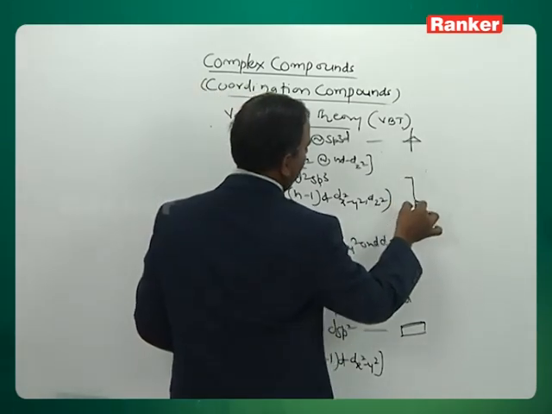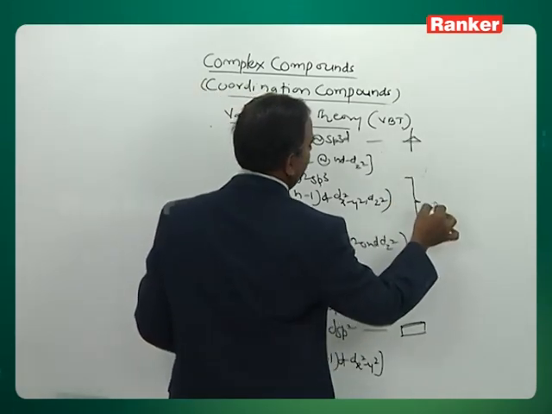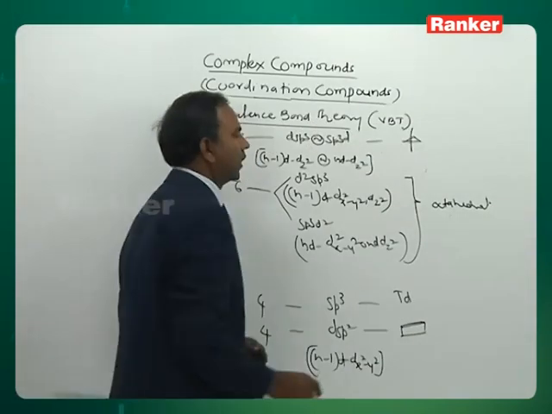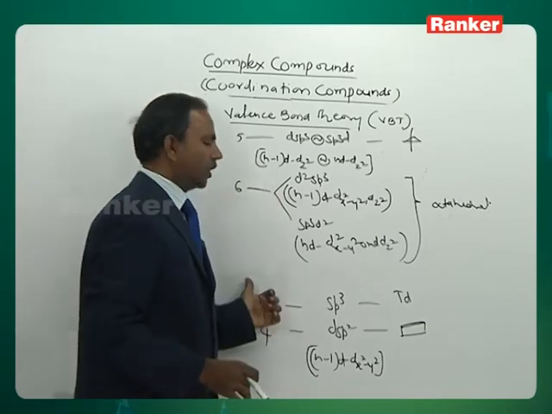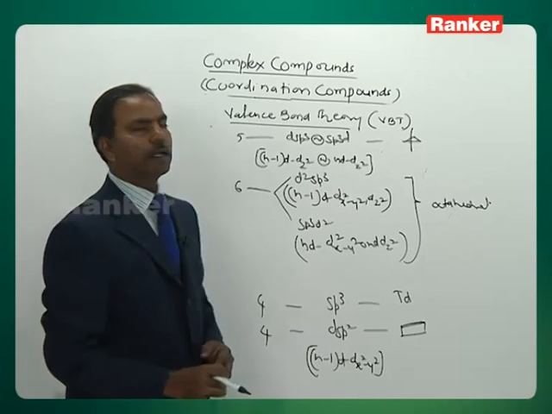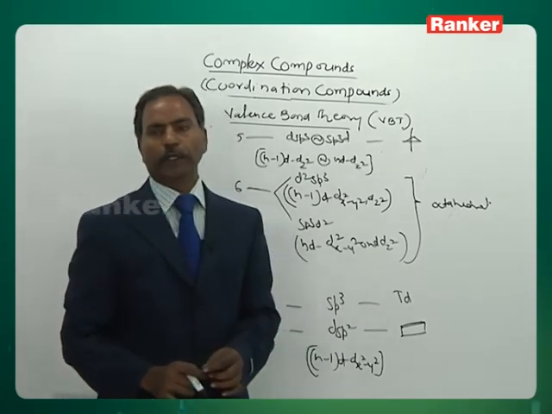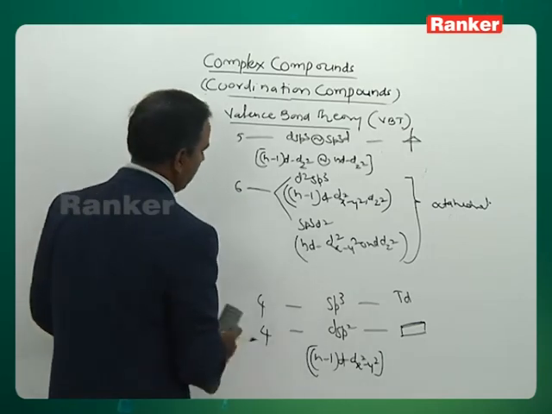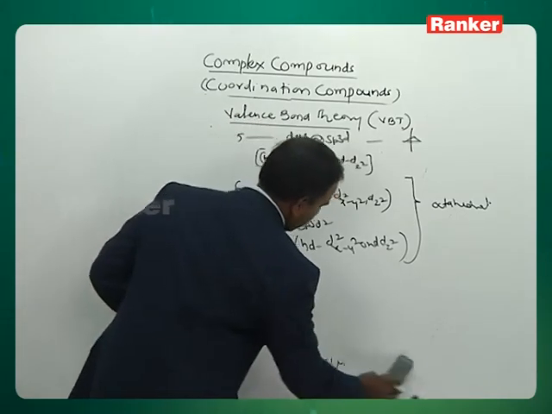Whatever it may be, inner or outer, the geometry of the complex is octahedral. Like this, based on coordination number and hybridization, we can decide the geometry of a complex according to valence bond theory. Next, let me discuss the next postulate under valence bond theory.